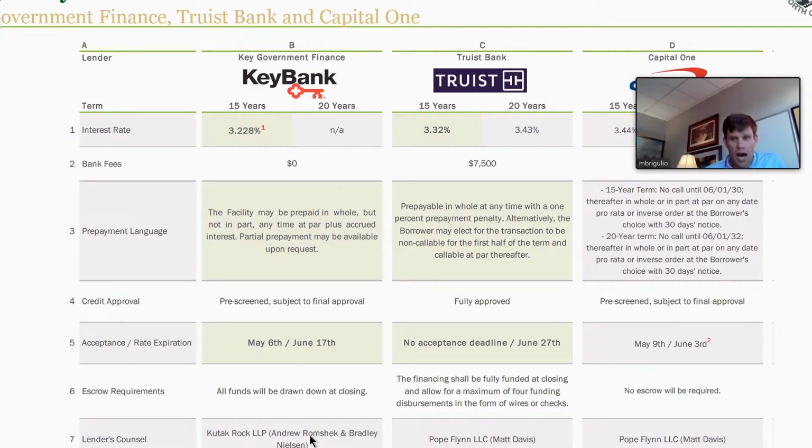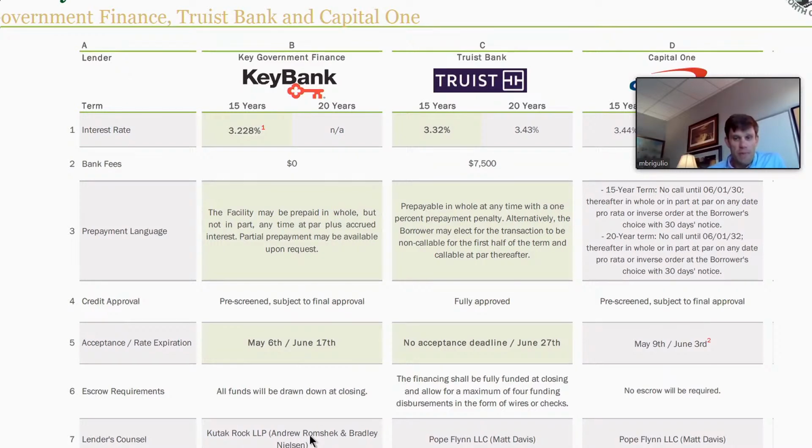Webster Bank provided slightly less flexible prepayment provisions than Key Bank did. They had a non-prepayable period of time before the loan could be prepaid. And Truist, similar to Webster, they offered a couple of alternatives.